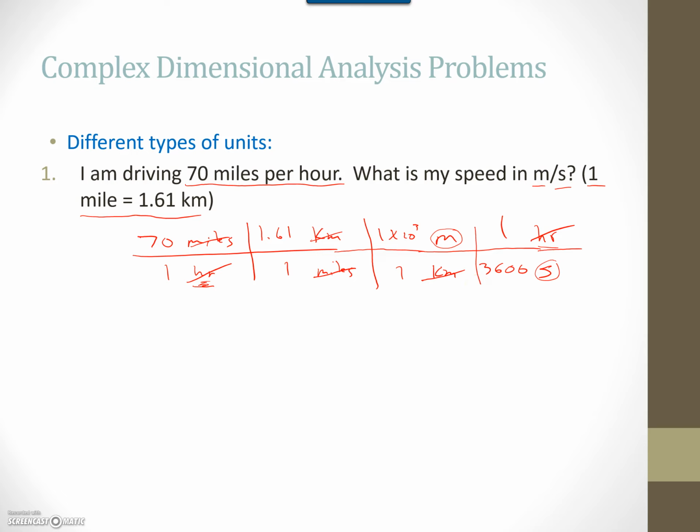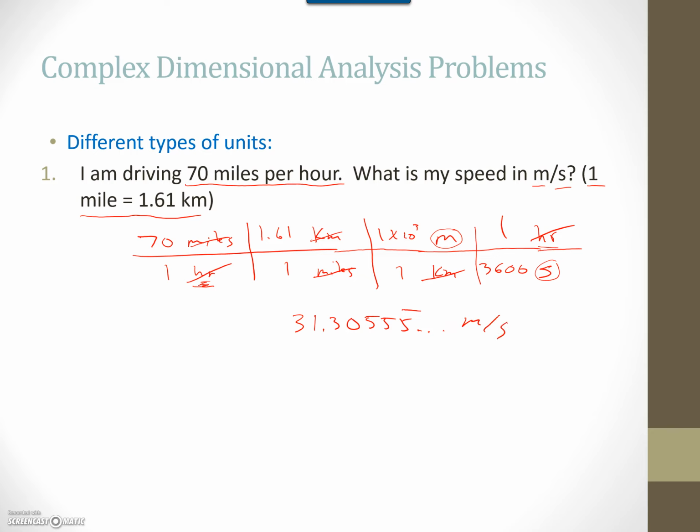So 70 times 1.61 times 1,000 divided by 3,600, and I get 31.30555 repeating, and so on. That will be meters per second.